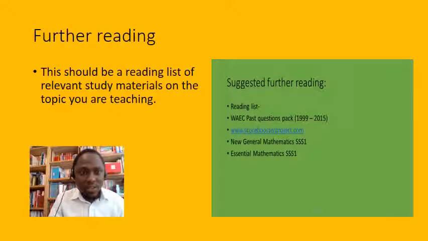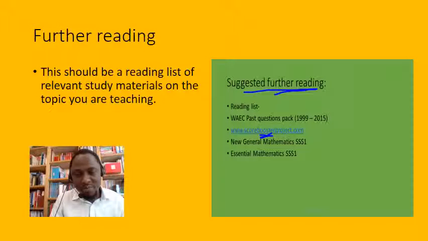You now have another slide after the solution slide that will talk about further reading or suggested further reading, as I've stated here. Under this suggested further reading, you have a reading list of sources learners can use to improve and learn more on the particular topic. So it might be a relevant website, like I've put ScoreBooster website here.